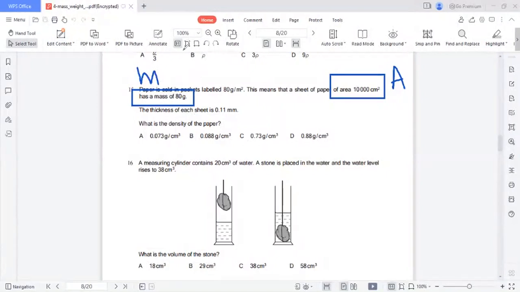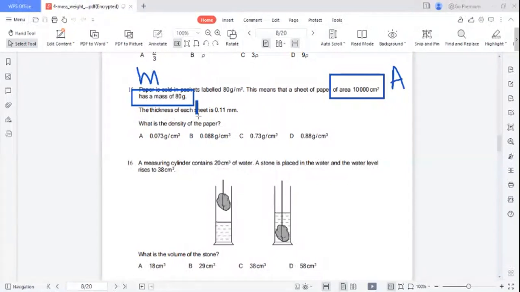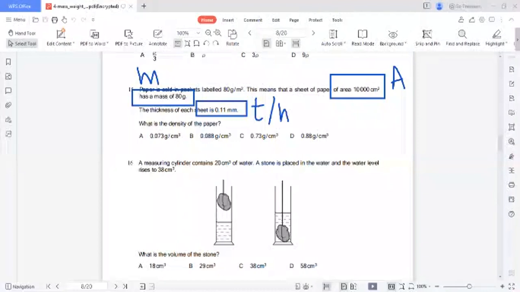And the thickness of each sheet is 0.11 millimeters. So this is the thickness. Thickness, or you can say height, but this time it's thickness. But thickness and height means both. What is the density of the paper?